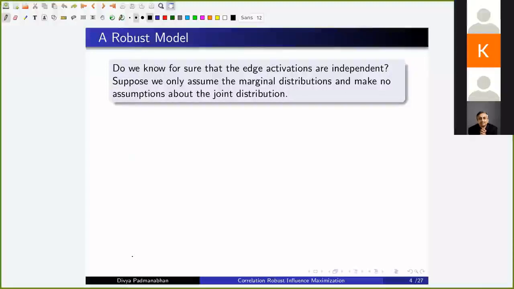We question this assumption of independence. If you think of it, why did we make the assumption of independence? We already saw that it does not help in the computational aspect. The problem is quite hard with independence. So one possible reason was that this was a natural model to assume, where you just assume that all behaviors are independent.